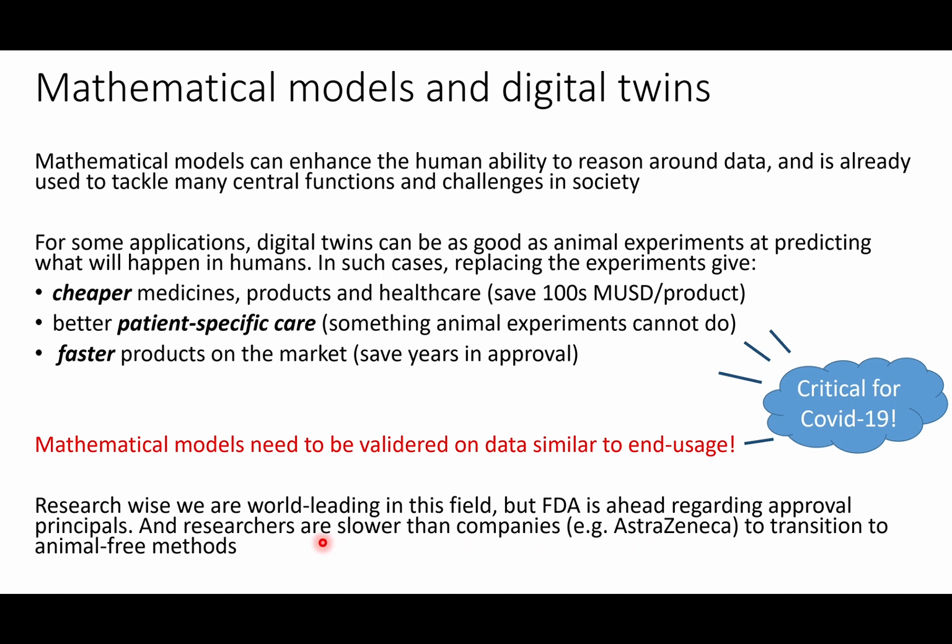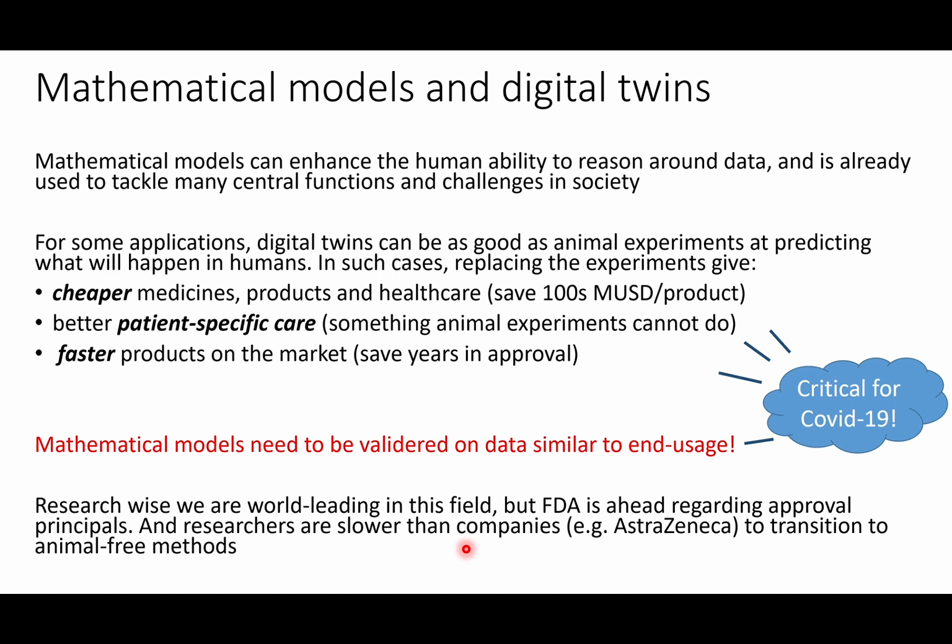And therefore it's important for decision makers like politicians that they invest in new methods to make it easier, and new incentives and new ways of evaluating research applications, and more money and so on, to stimulate the transition to these type of animal-free methods when it is sound to do so.